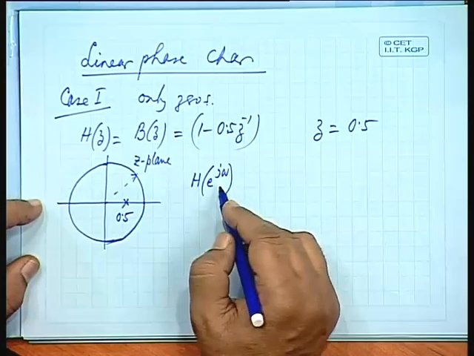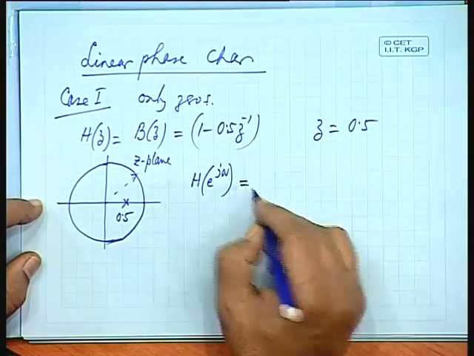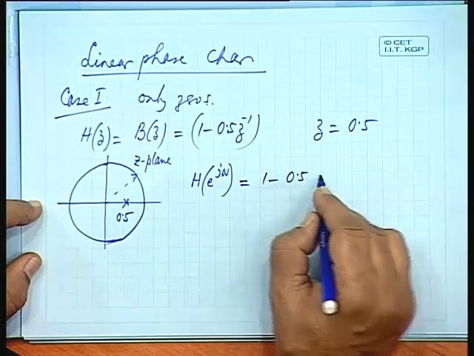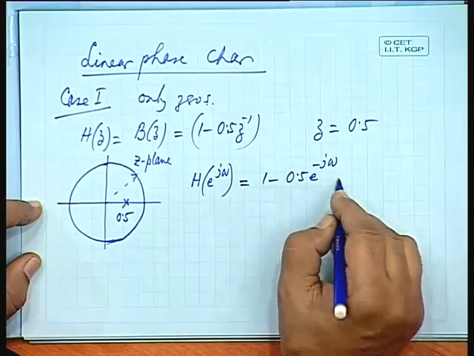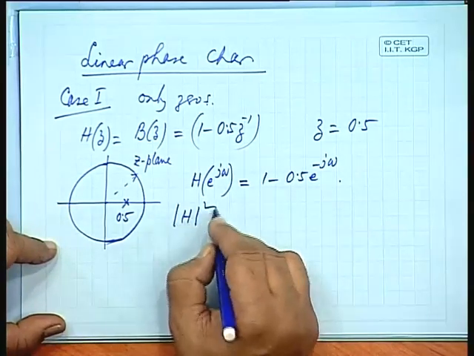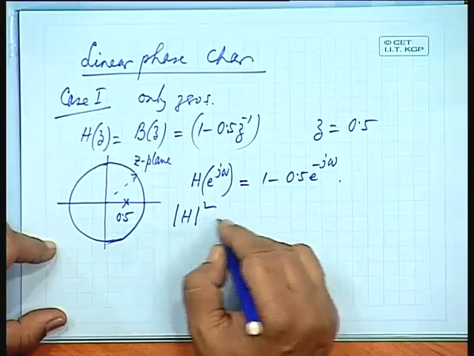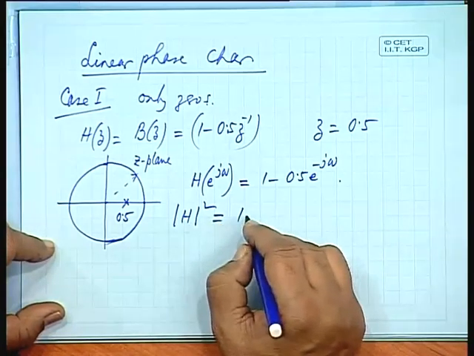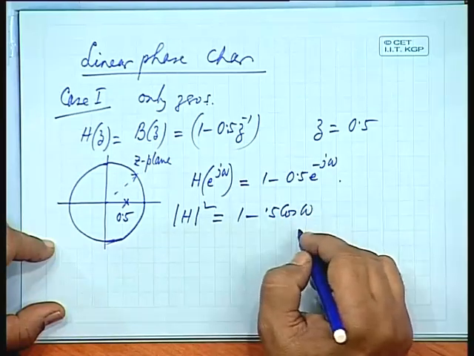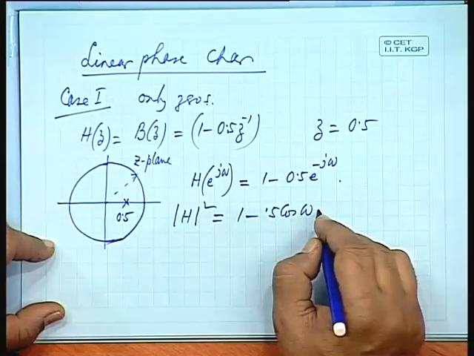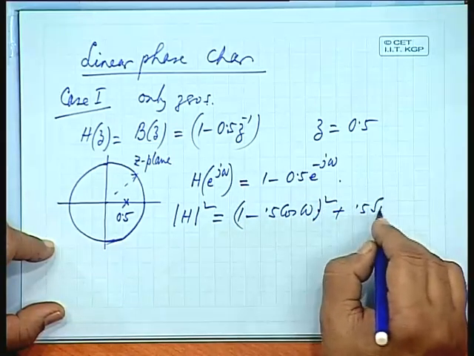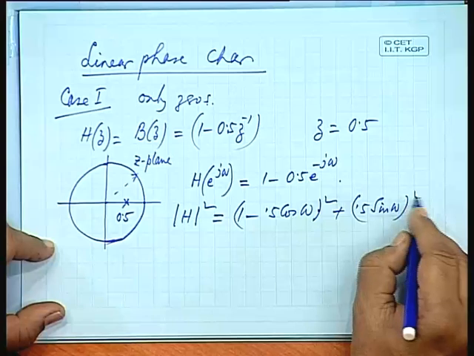Then H(e^jω) will be how much? 1 minus 0.5 e to the power minus jω, okay. So, |H| squared, I am not putting e to the power jω every time in the argument, will be (1 minus 0.5 cosine ω) whole thing squared plus (0.5 sine ω) squared, correct me if I am wrong.